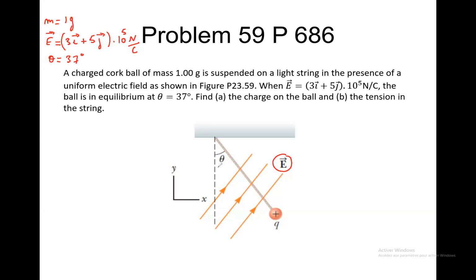As you see here, we have 37. First of all, you have to find the charge of the ball. We have to find Q and the tension T of the light string.